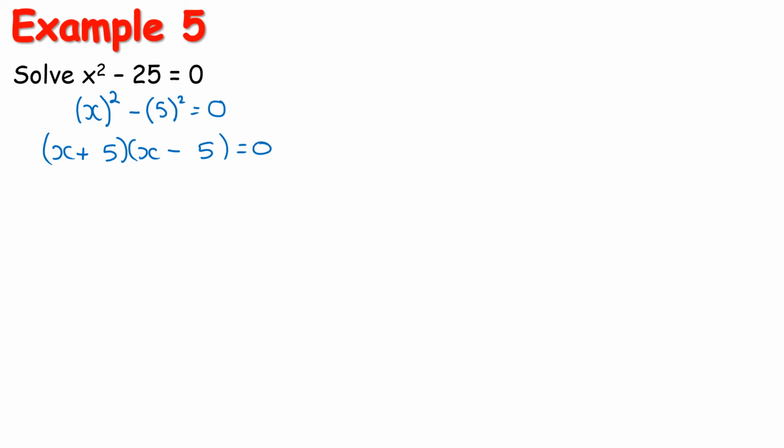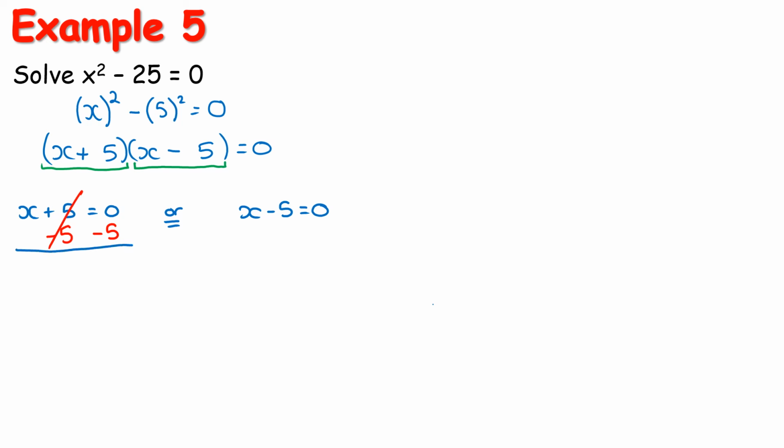Then remember we have the zero product property, which tells us that this factor multiplied by this factor equals 0. Therefore either x plus 5 equals 0 or x minus 5 equals 0. Now we need to solve those little linear equations. I'm going to subtract 5 from both sides here, and we get x equals minus 5.